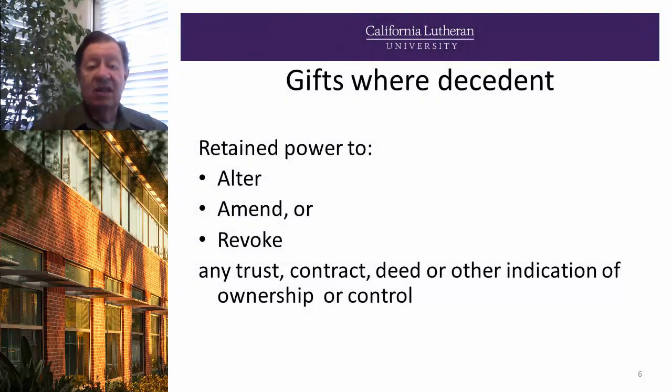I guess where the decedent retained powers, and the three choices here are to alter, to amend or revoke any trust, contract, deed, or other indication of ownership or control. And this many times could have been done 20 years ago, and I might note that the 3-year rule only applied to the items we talked about earlier.